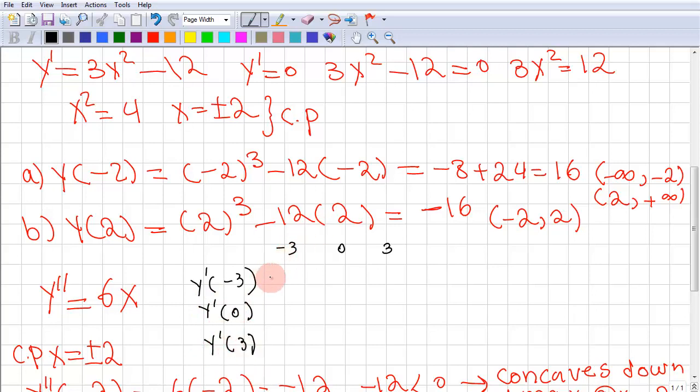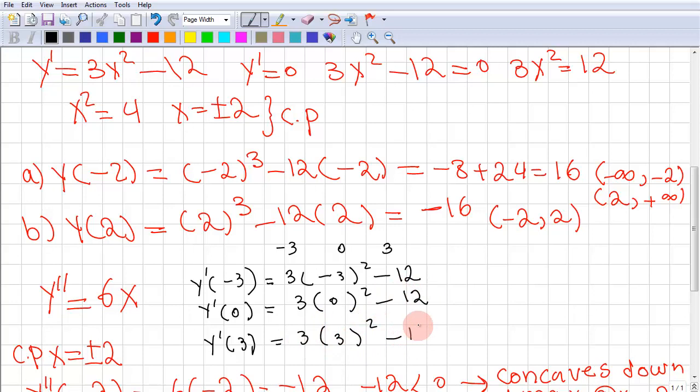Okay, so that would be 3 times (-3) squared minus 12, and we do the same steps for those two. Okay, so the answer for the first one is 15, for the second one is -12, and for the third one is 15.